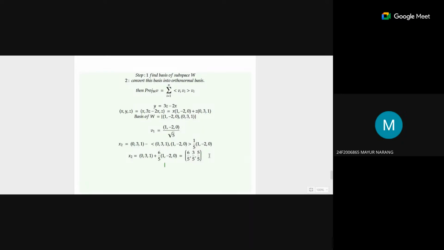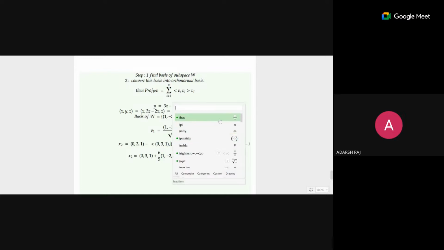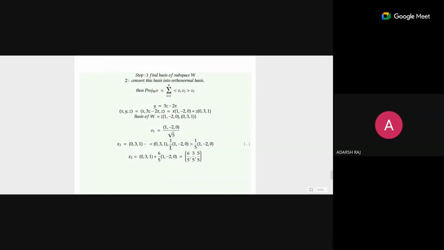Sir, I just lost the 6 by 5 part, where is it? The vector is (0, 3, 1).